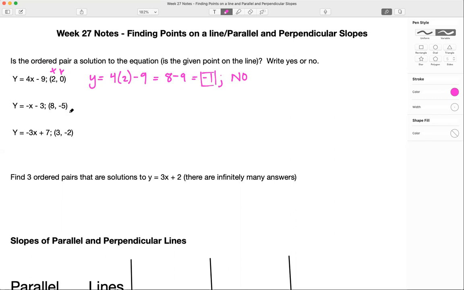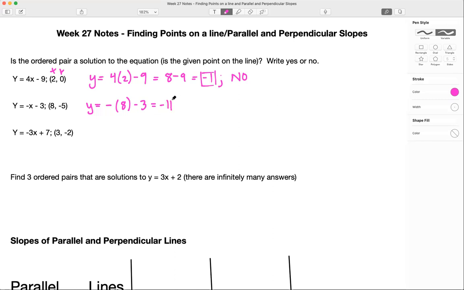Okay, how about this one? We plug in 8, we get out negative 5. Well, is that true for this equation? Is it a solution, or is the given point on the line? Let's test it. y equals negative x minus 3, so plug in 8: negative 8 minus 3 equals negative 11.